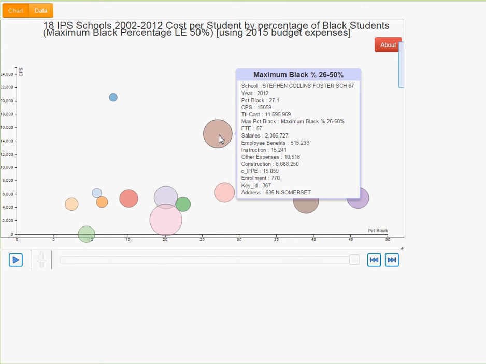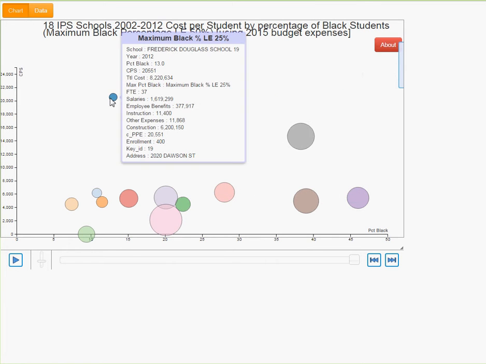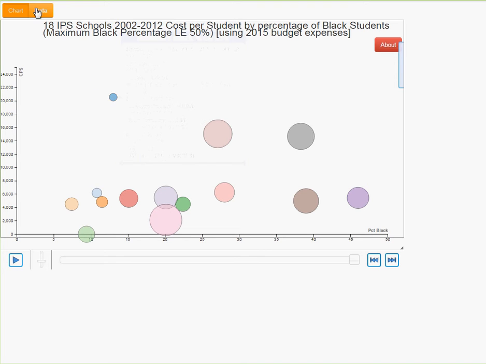The data behind these bubbles, you can get to one by one just by mousing over the bubble, or if you click the data tab, you'll actually see an Excel-type data table.